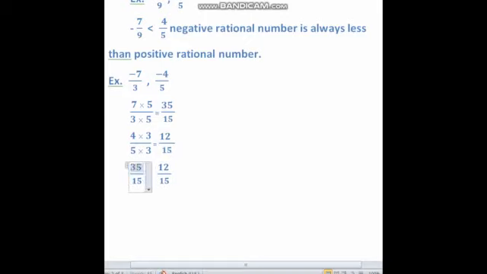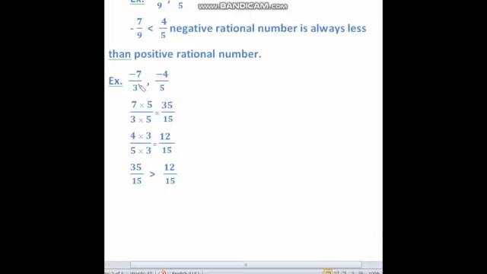Now you can easily compare by looking at the numerators; the one with the greater numerator will be the greater number. So we can say that 35 upon 15 is the greater rational number. But in this case both the rational numbers have a negative sign. It means this will be reversed for the negative sign.